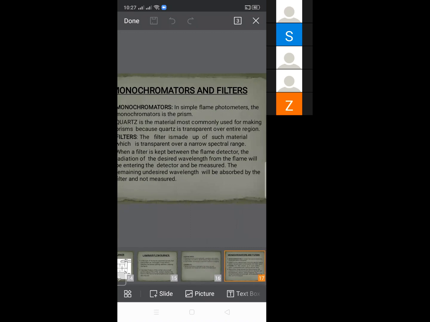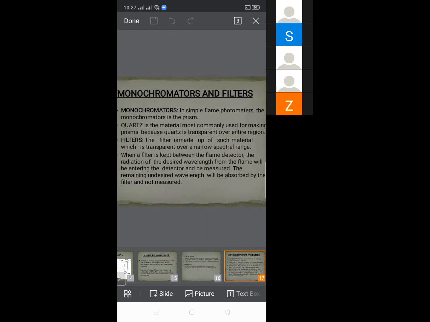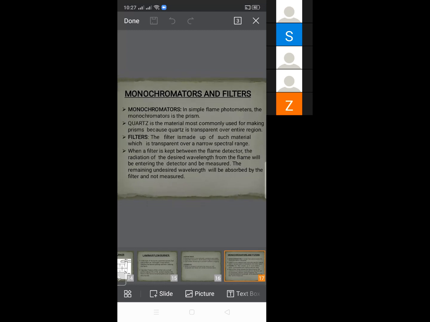This is the main function of monochromators. The monochromators used in a simple flame photometer are usually made of prisms, and quartz is the material most commonly used for making prisms, because quartz is transparent over the entire region.